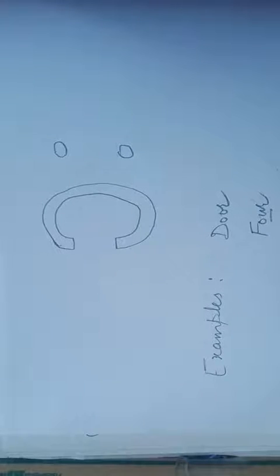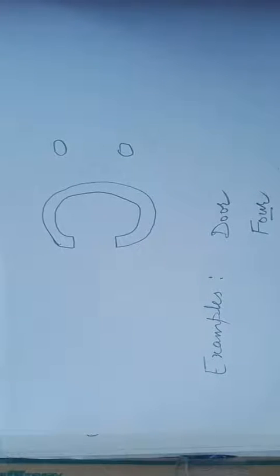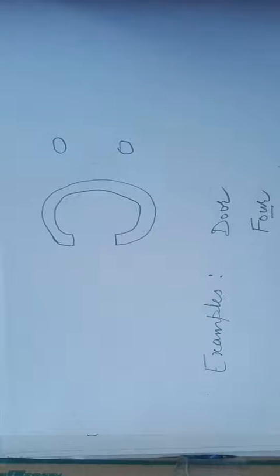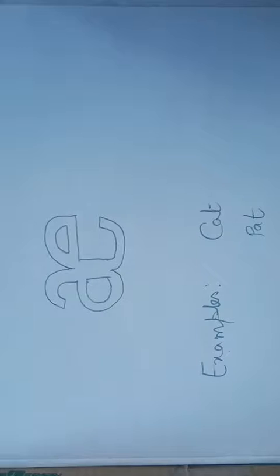Our next sound is O. For examples, door, for. Let's move to our next sound. In these sounds, the mouth will open more. You will feel it when you pronounce them.